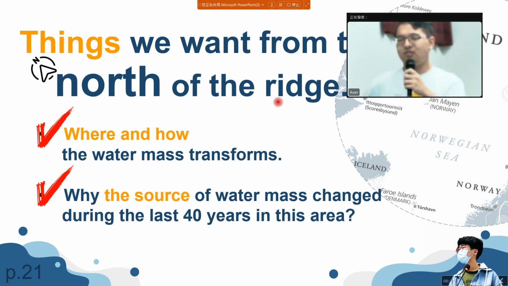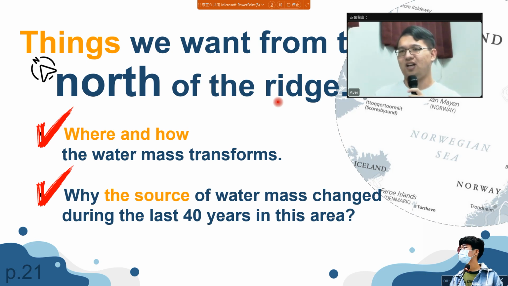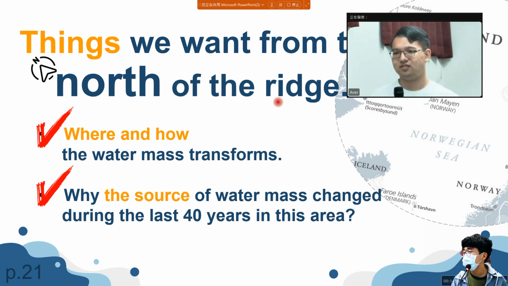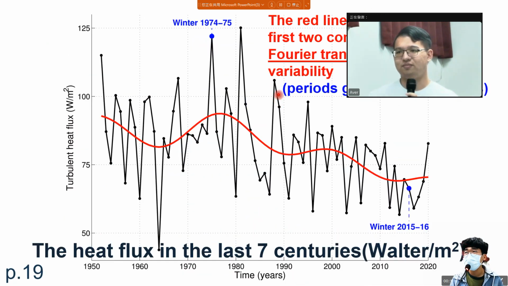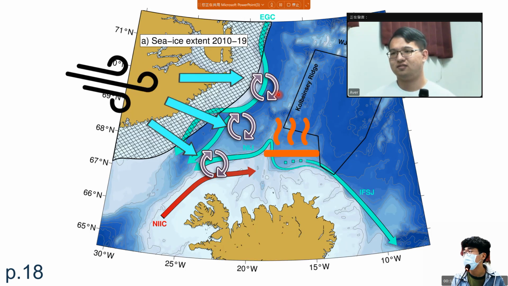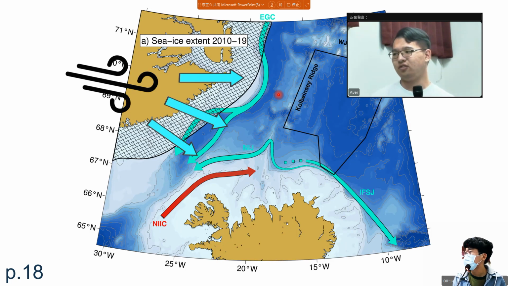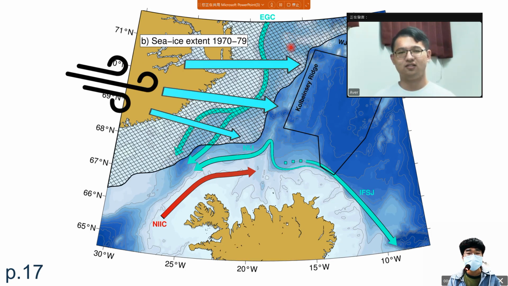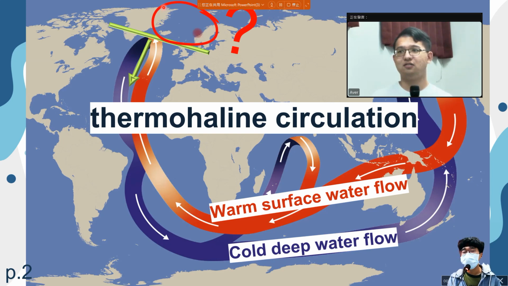You think what impact will the reduced ice have on the thermohaline circulation? Oh, you mean what would the reduced sea ice cause to the thermohaline circulation?